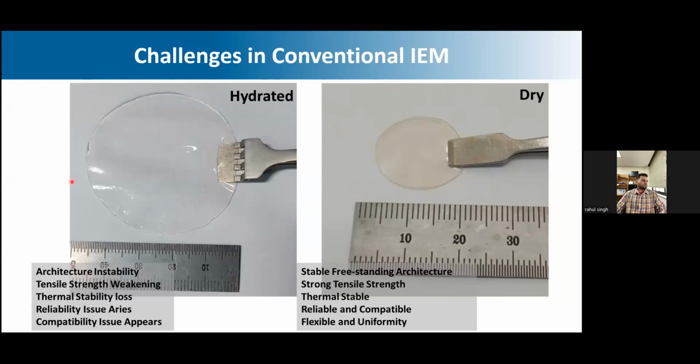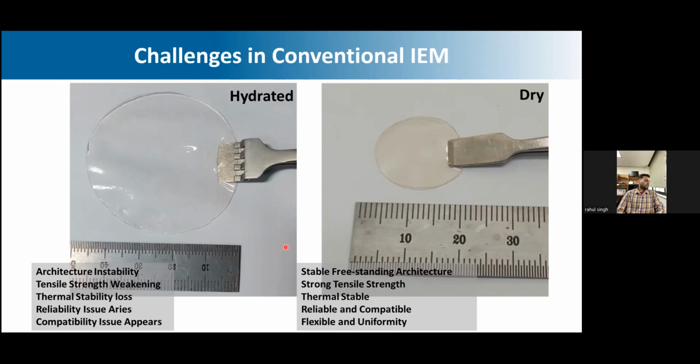This much swelling makes our system very fragile, and it can easily break the interface between electrode and electrolyte. So these are the parameters we need to see before finalizing any membrane.